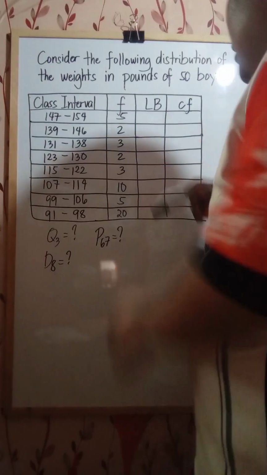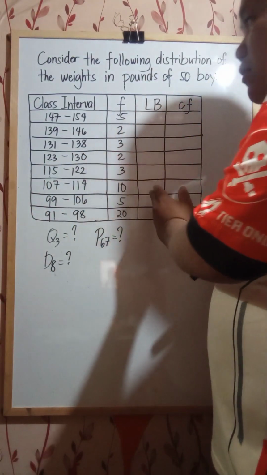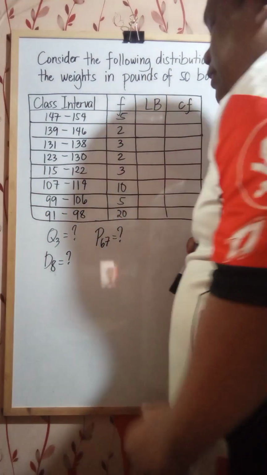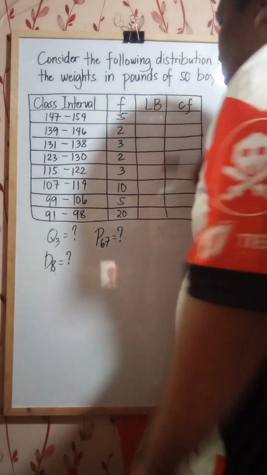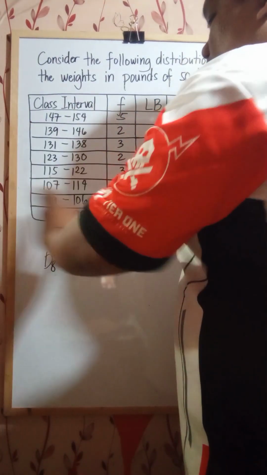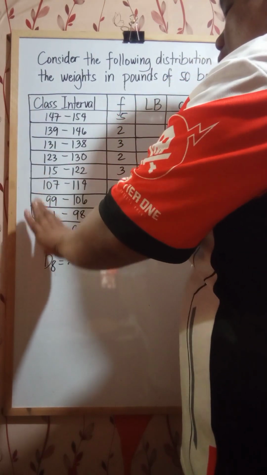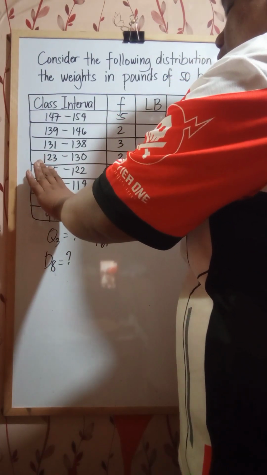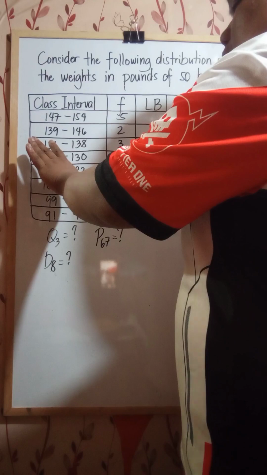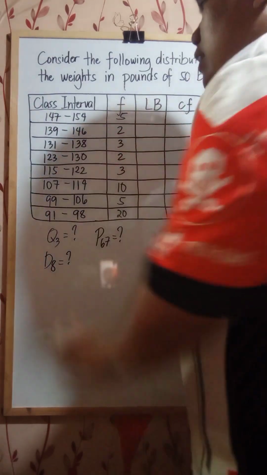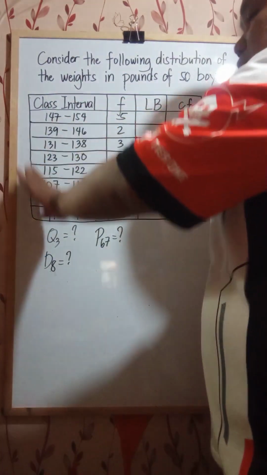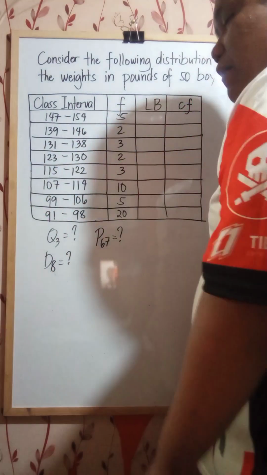So let's solve for the lower boundaries. Where do we obtain the lower boundaries? We take the left-side numbers, 91, 99, 107, 115, 123, 131, 139, and 147, and subtract 0.5 from each.